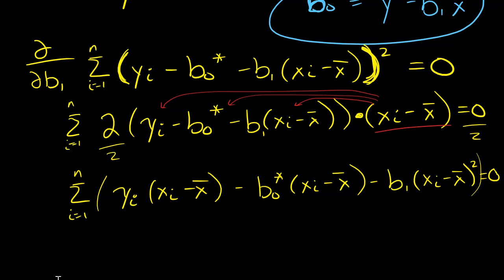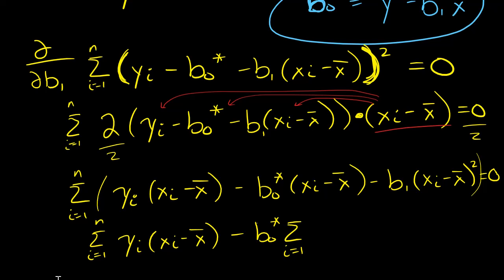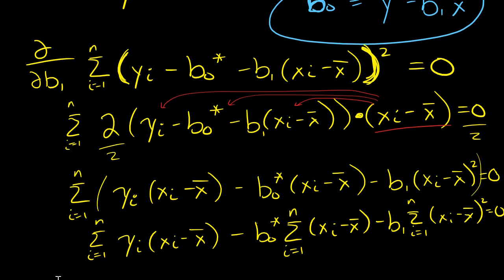Each of these is being summed, so let's distribute the sum: the sum of yi times xi minus x bar, minus b naught star, which doesn't involve i, so it can be pulled out of the sum, minus b1, which again doesn't involve i, and set equal to 0.